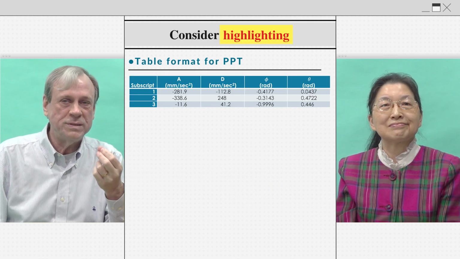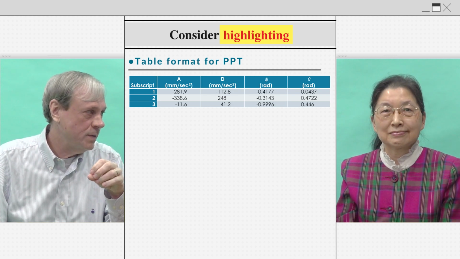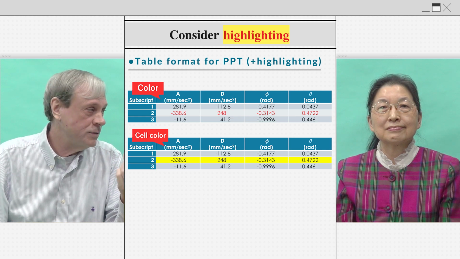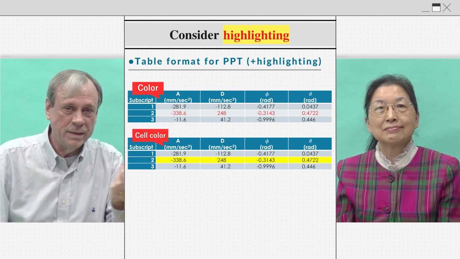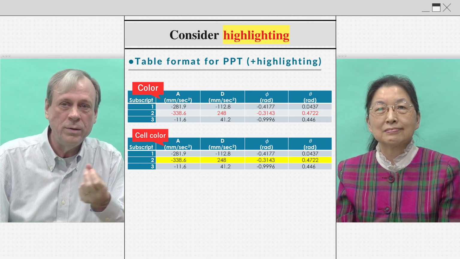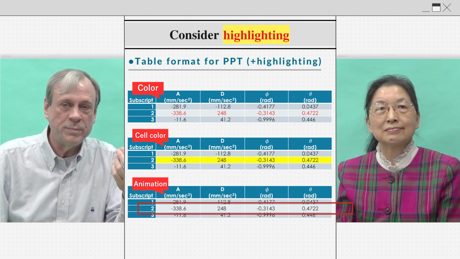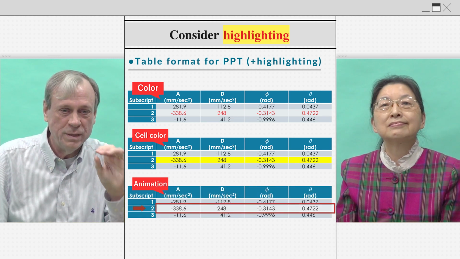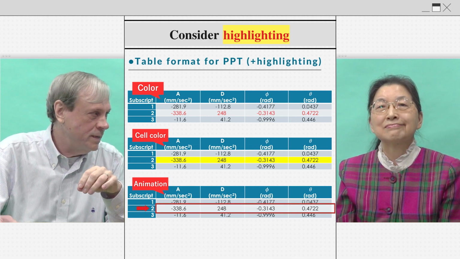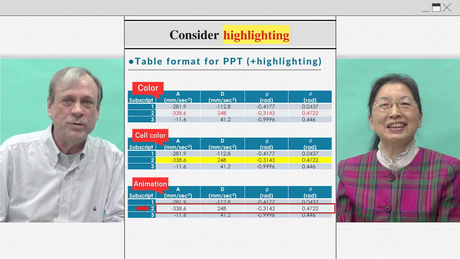So one thing that you consider when you're making the PowerPoint tables is highlighting. If you want people to pay attention to the second row, that's actually the best. And therefore you can put the numbers in color, you can put the cells in a different color, or you can use something like a shape with an animation to call your reader's attention to that, rather than using the laser pointer and then hoping that they're looking at the time when you're pointing.